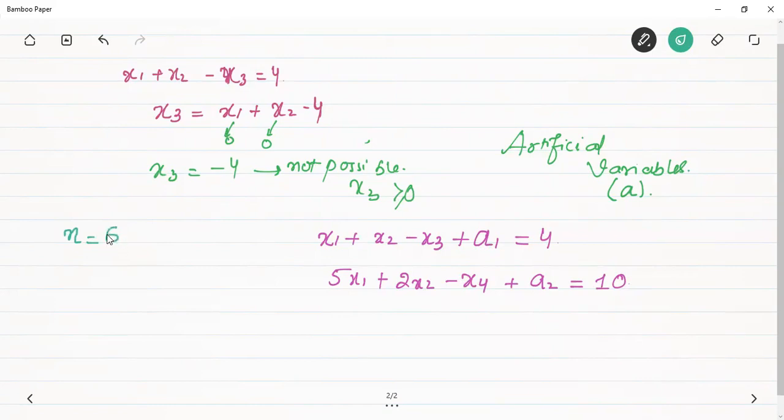So the number of variables is 6, and still I am having two equations. Then I have to put n minus m non basic variables जिनका value मुझे 0 fix करना होता है, and currently it is 4 variables I have to fix as the non basic variables. Therefore again we will have 2 basic variables.